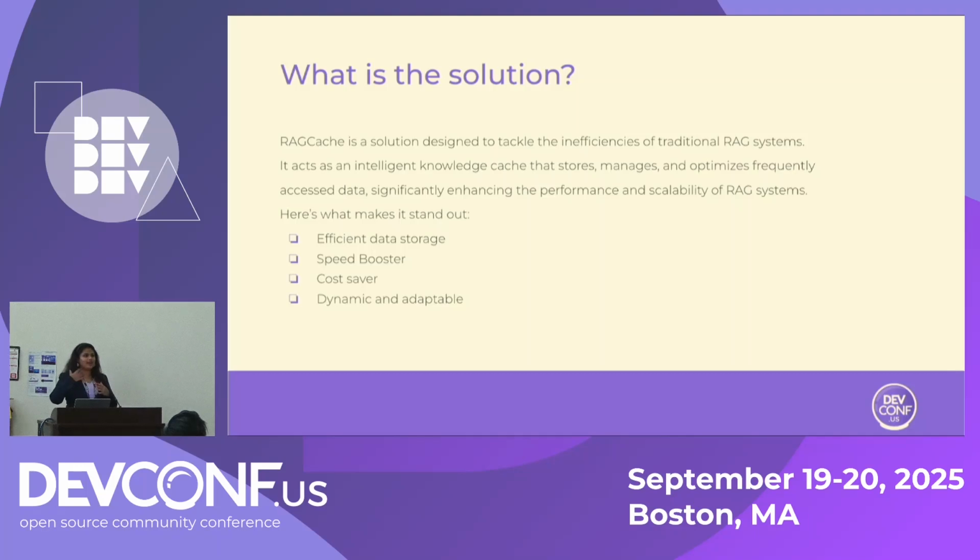Whenever there is a repetitive number of requests for one piece of information, it gets stored as cache, so it doesn't have to be retrieved from the document again and again. So it is a much less computational process. It also reduces the latency. It increases the speed, and it also reduces the cost, and it is dynamic and adaptable. When we request new information, the caches also get updated based on the current information.